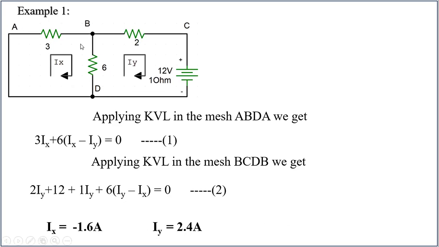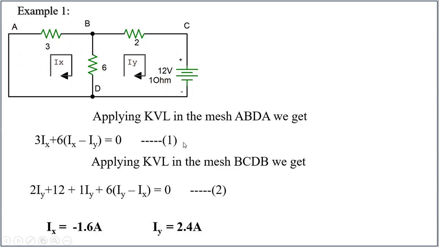Next, I didn't consider source 1, I considered only source 2. Now I am applying KVL in ABDA and I got the first equation. Applying KVL in BCDB, I got the second equation. Solving equation 1 and equation 2, I got the values of Ix and Iy.